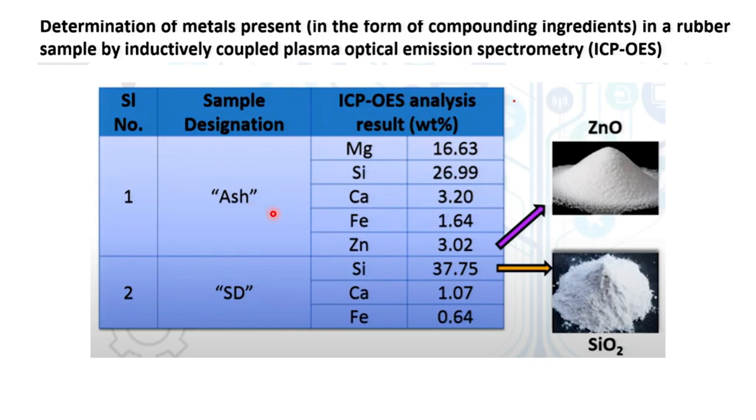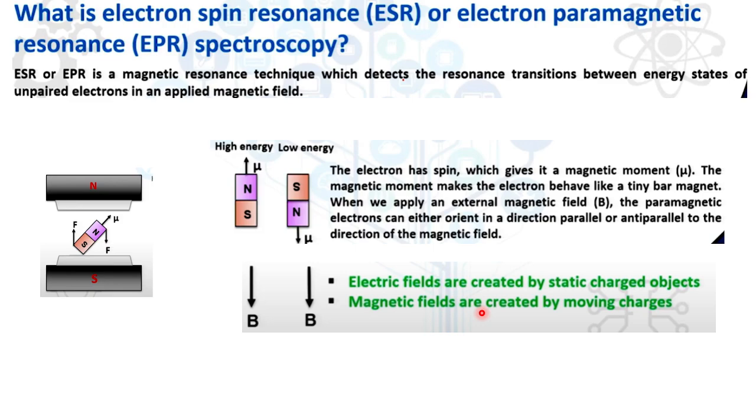When there is ash, you can do the ICP test, and you will get quantitatively the weight percentage of the different elements. If it is a silica filler, there is also a chance of Si-based salt or calcium and iron, and after doing the ICP-OES analysis you will get how much percentage is present.